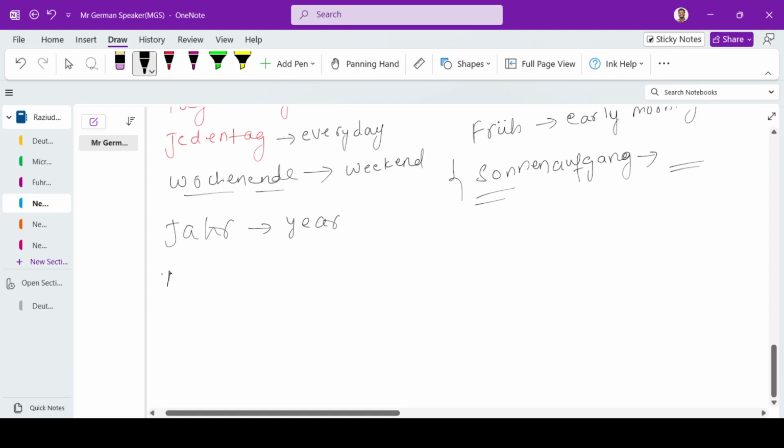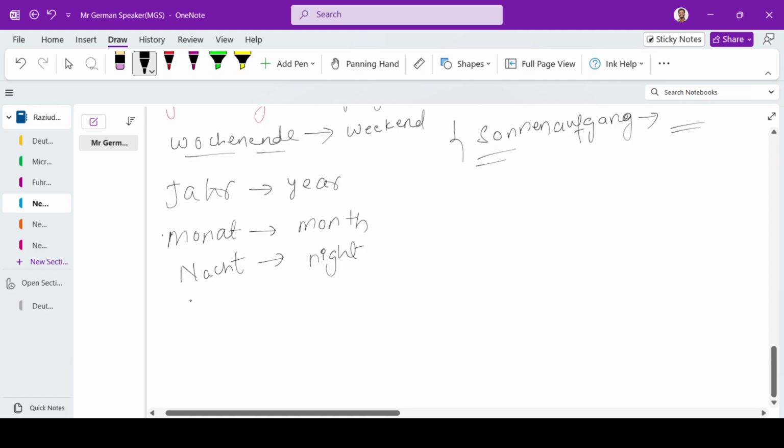Month is like Monat. Monat is like month. So week, day, month. Okay. Before, like early morning or afternoon, evening, night. We call it Nacht. Nacht is like night. Okay. Then we have midnight. This is Mitternacht. Mitternacht is like midnight.